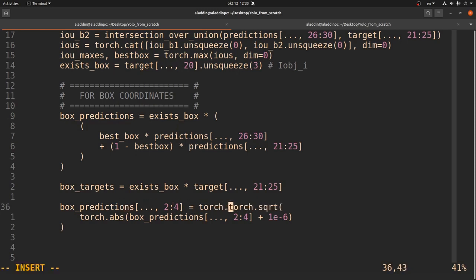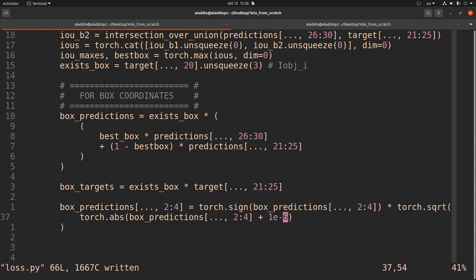So we're going to do torch.sign in the beginning here: torch.sign of box predictions of all 2 to 4. We're going to take the sign of those, and we're going to multiply with the square root of the width and the height. Okay, so those are for the box predictions.